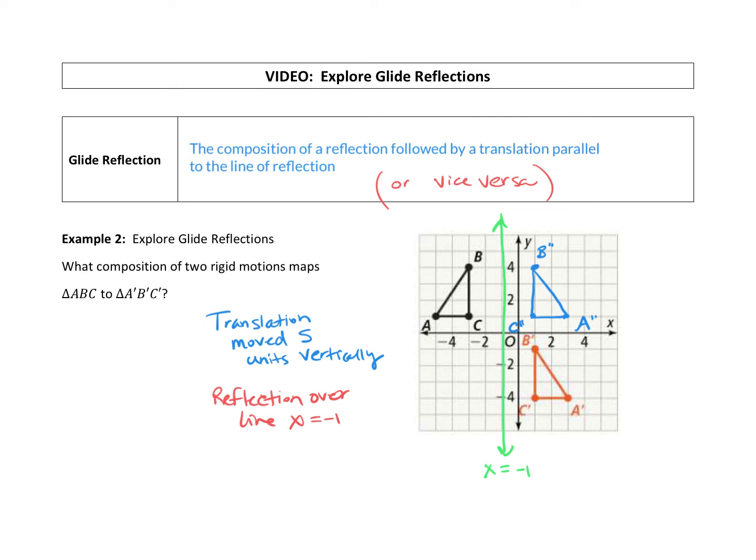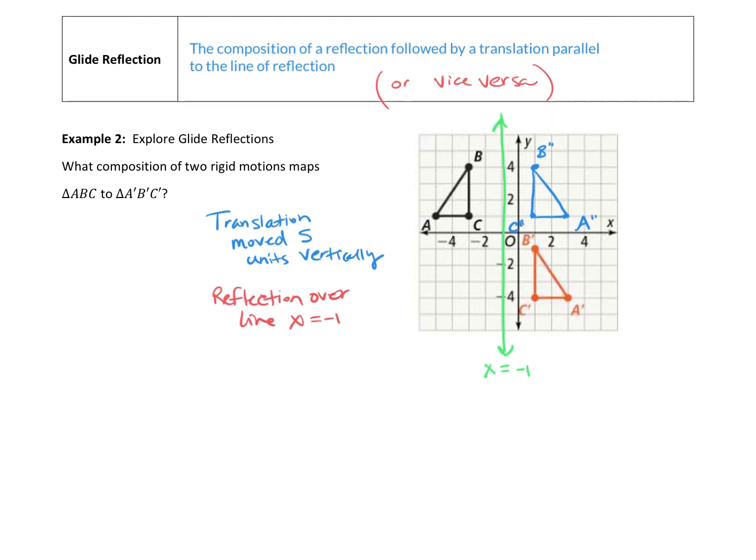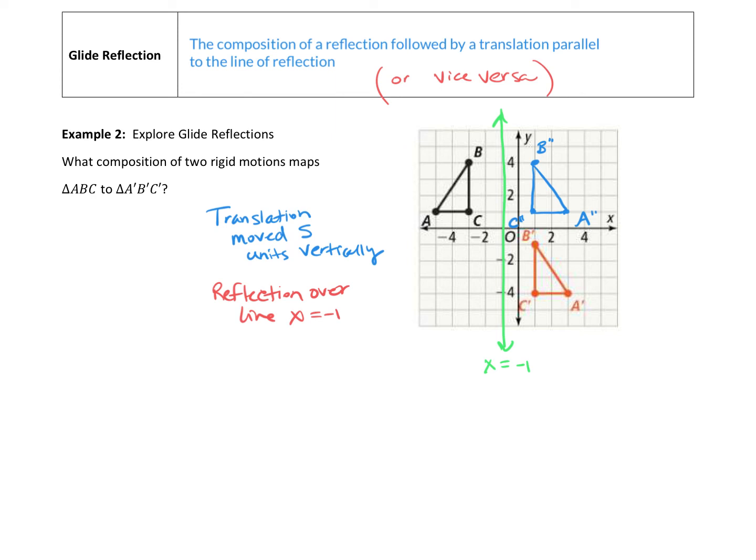So to write the rule for this, or the composition of this, we have a translation and a reflection. Which one do we write first, or what's the order of this? What we need to keep in mind is we started with our pre-image. The first thing was it reflected across this line of x equals -1. So I'm going to write out that we had a reflection.